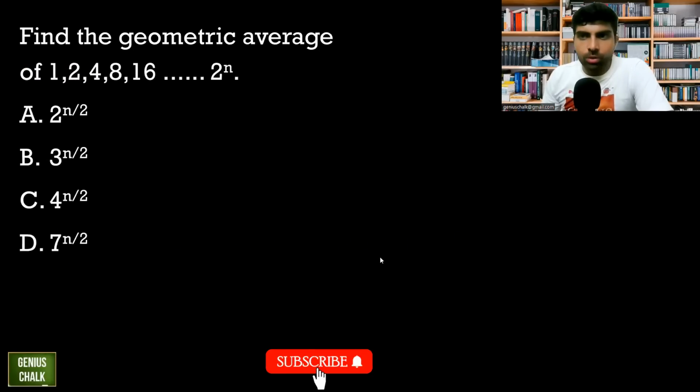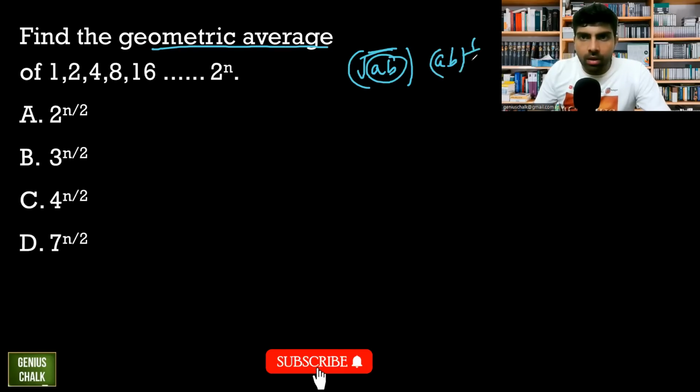So next question is find the geometric average of this. So geometric average means basically geometric mean, and geometric mean, if you find between two numbers, it is the two numbers' product and their power in square root. Basically, if there are two numbers, it will be 1 by 2. So how many numbers are there? 1, 2, 3, 4, and so on.